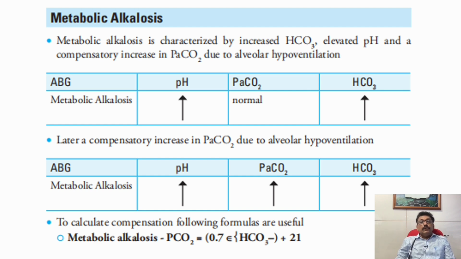Initially PaCO2 will be normal, but afterwards you can see PaCO2 also will be increased, as the patient will try to reduce the rate of breathing, so carbon dioxide retention will occur and try to increase the pH. PaCO2 can be calculated from the bicarbonate level by 0.7 times bicarbonate plus 21, and that will give the value.